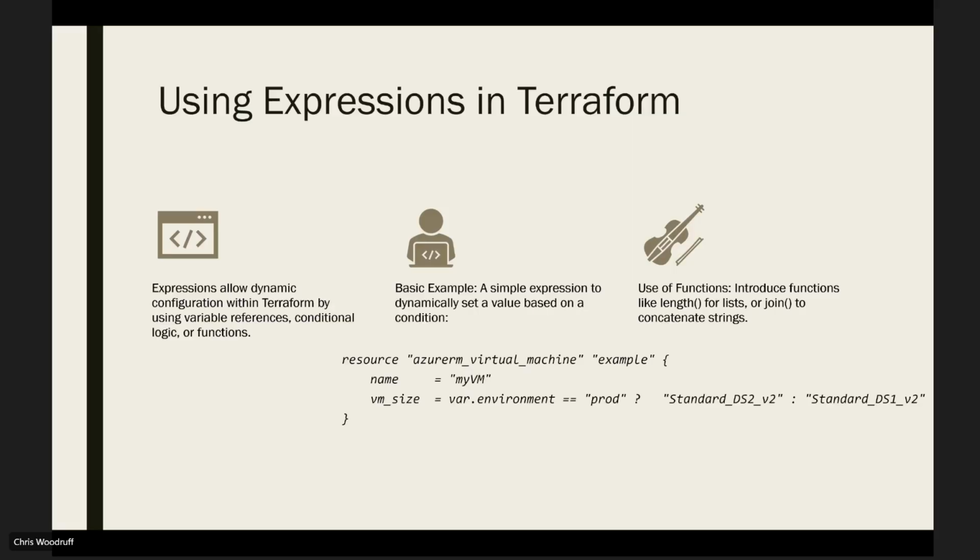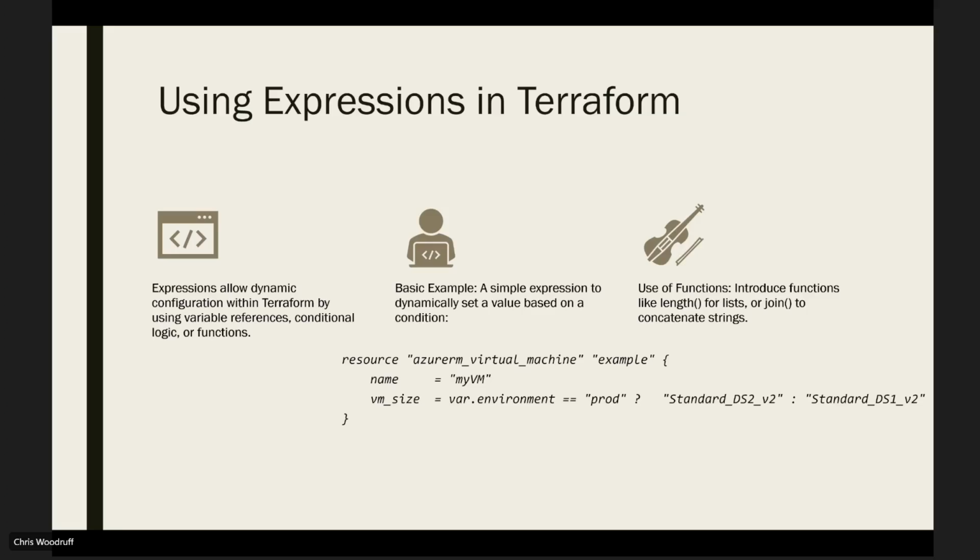And expressions, so you can set up expressions. They're kind of dynamic. And there's an example down here. Sorry if it's kind of small, but this is an example of setting up a virtual machine. So you can say, if my environment is prod, then I'm going to set up a Standard_DS2_v2.